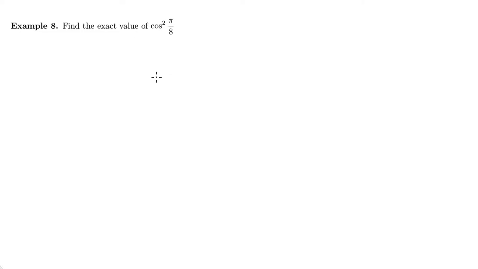So what in the world do I do? Well, notice we can do something kind of silly. I'm going to say cosine of pi over 4 is equal to cosine of pi over 8 plus pi over 8.